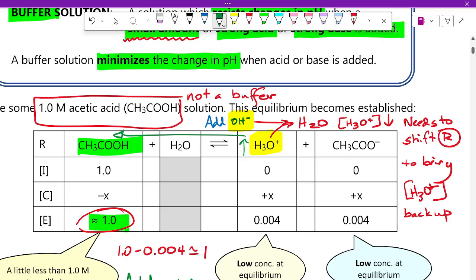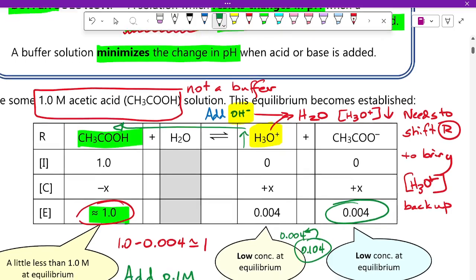And we went from 0.004, we went up to 0.104. Will we be able to shift left enough to bring this number back down, given that we have that much of the base? No. Okay, we've only got a very little amount of the base, so we cannot shift left enough.